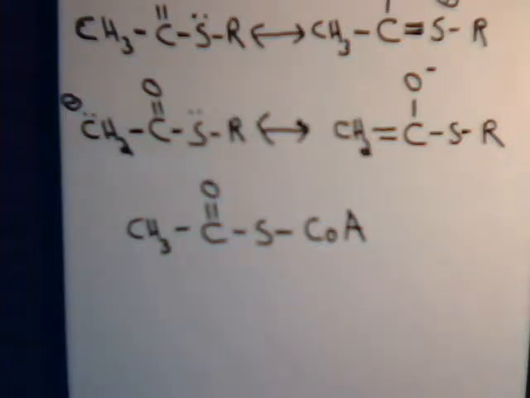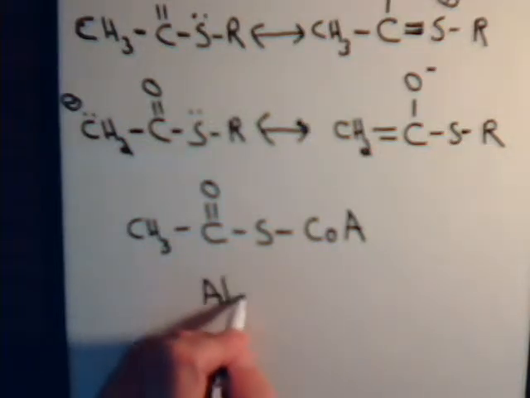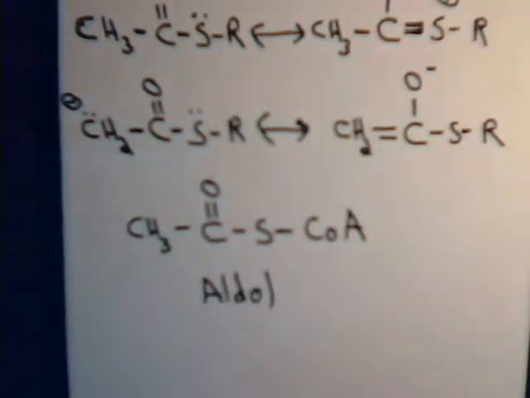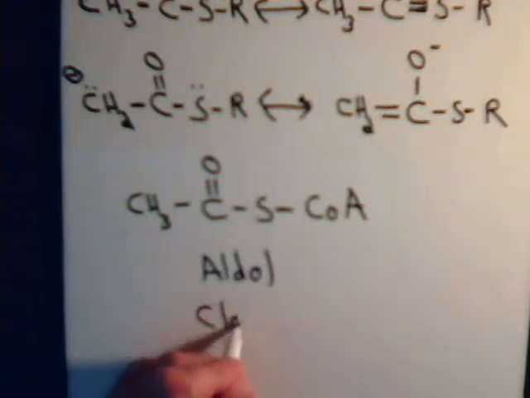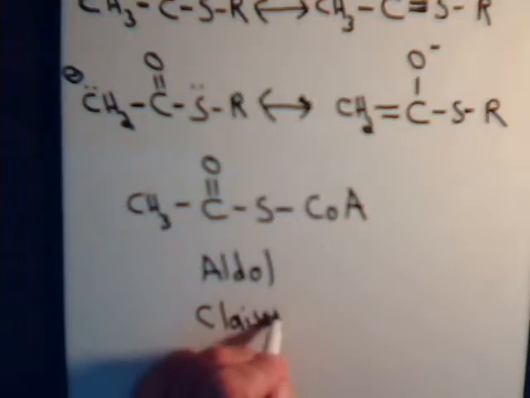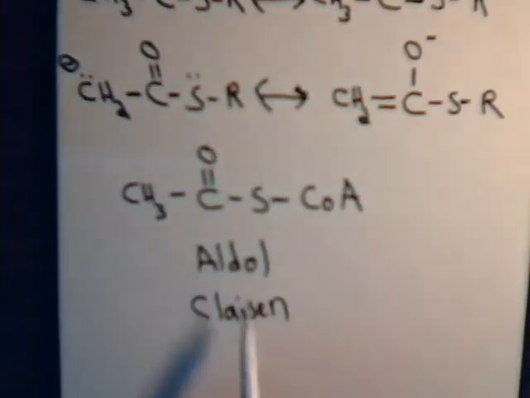And steroids and fatty acids, they're all biochemically formed with enzymes that catalyze, as you see later on in your organic chemistry book, aldol-type condensation reactions, and there are also Claisen-type condensation reactions.